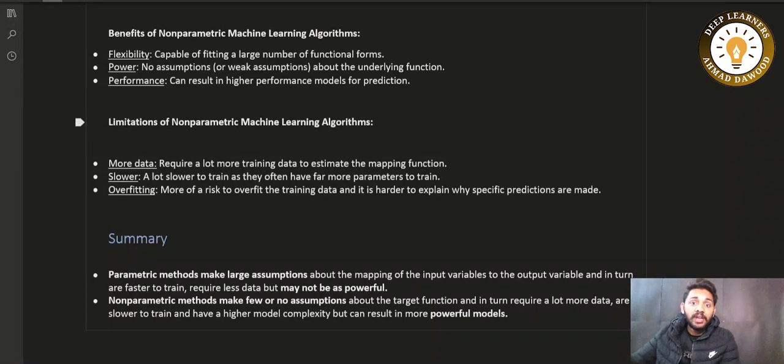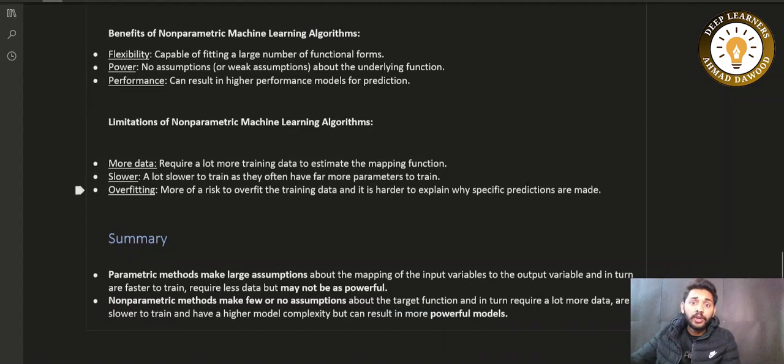So if you have less relevant data, or if you have less amount of data, there is a very high chance that you will fall towards overfitting. You will get 100% of the pattern from the data set that you have, but you are not able to generalize to your unseen data.